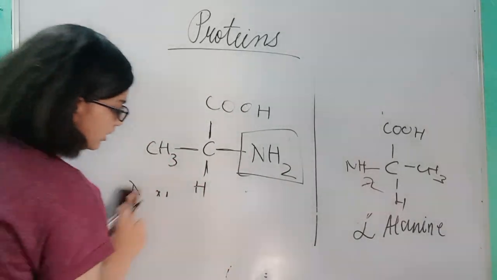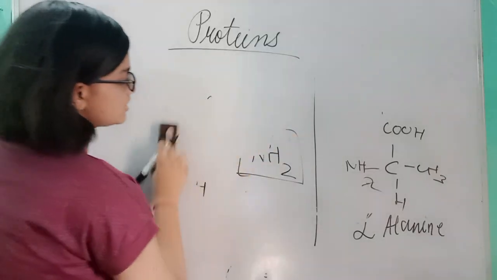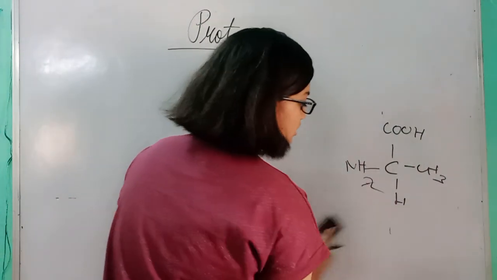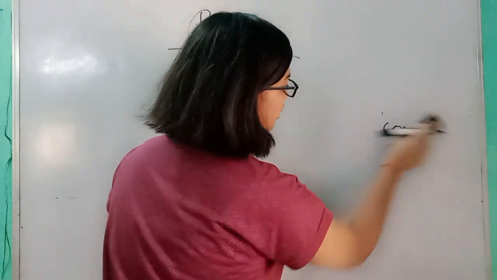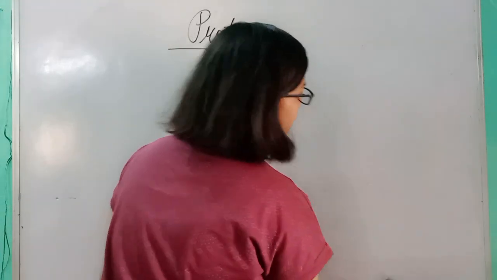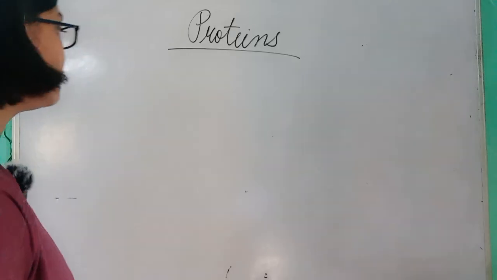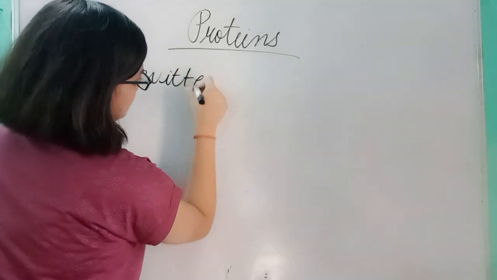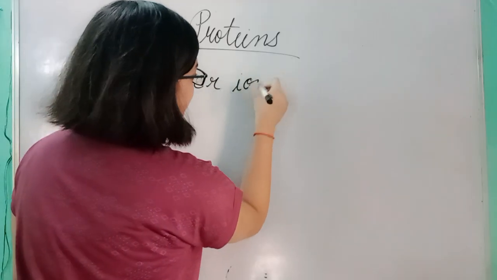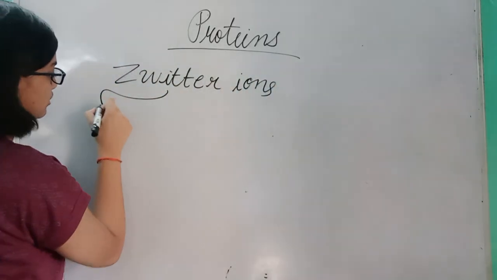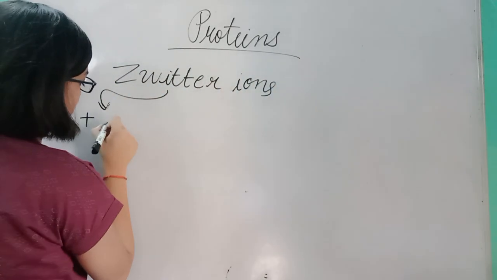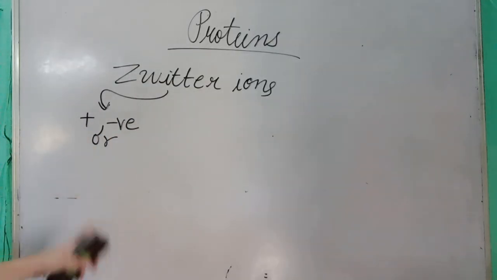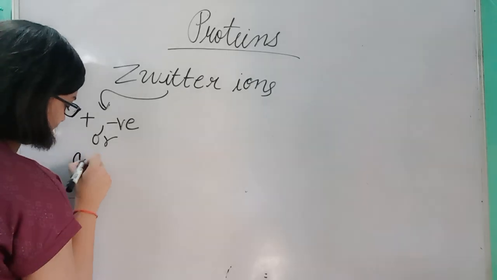Now let us see if amino acid is kept in aqueous solution, what happens? If amino acid is kept in aqueous solution, Zwitter ion, internal salt structure, or dipolar ion will be formed. Now what do we mean by Zwitter ion? Zwitter ions are those which contain both positive as well as negative charges, or we can say they contain acid as well as amine.